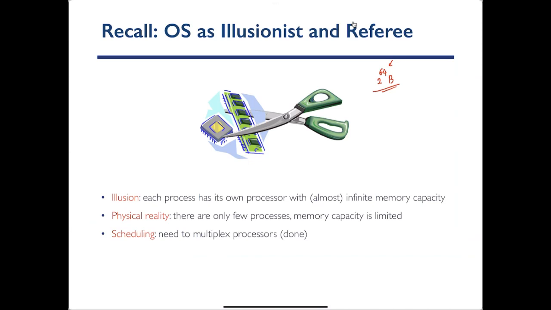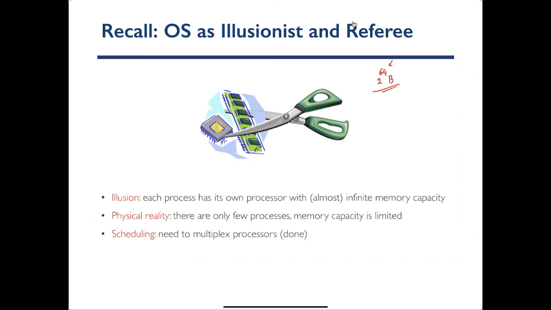So the job of memory management is to provide that illusion, that each process has an infinite amount of memory that it can access in a protected way. Very similar to scheduling.